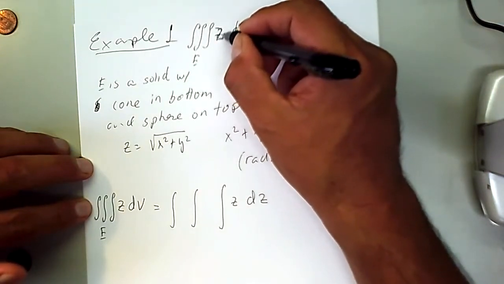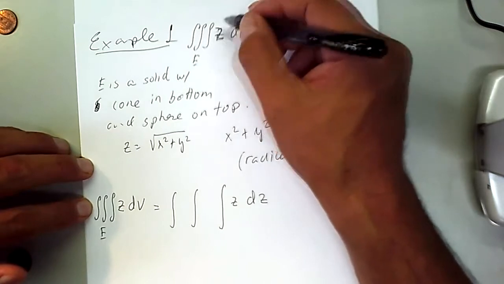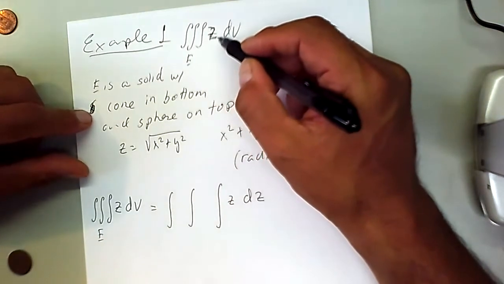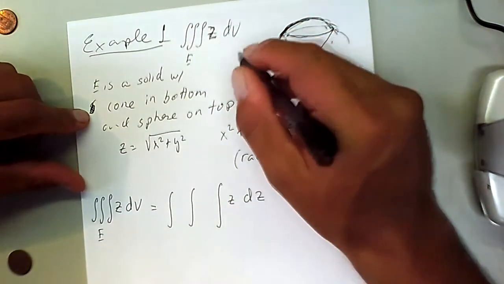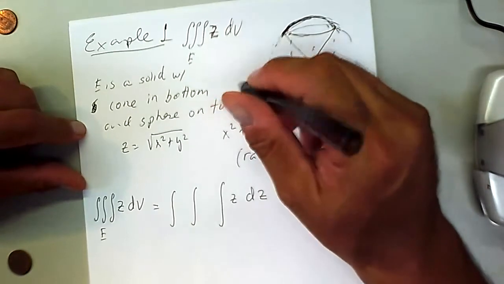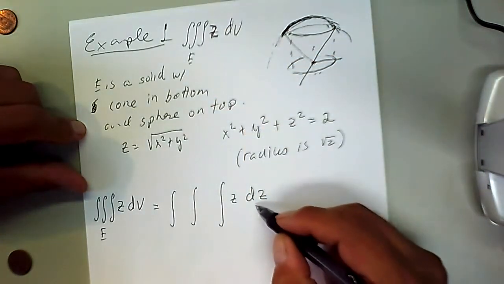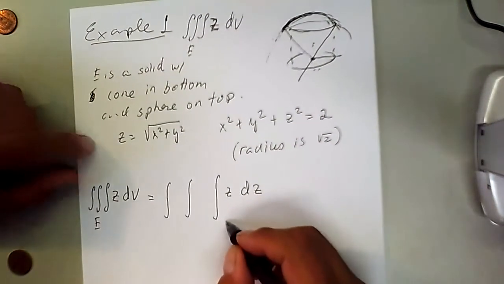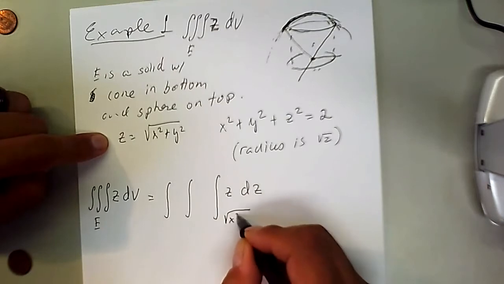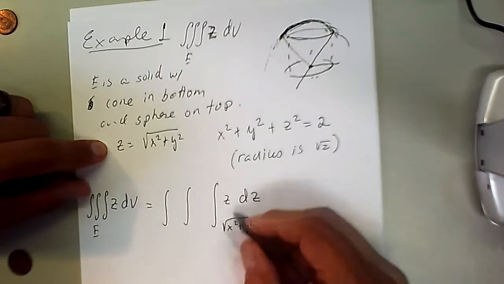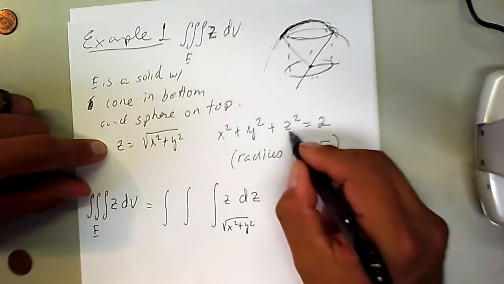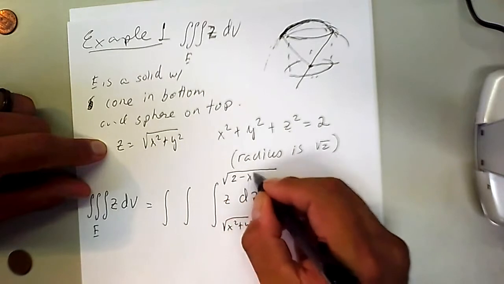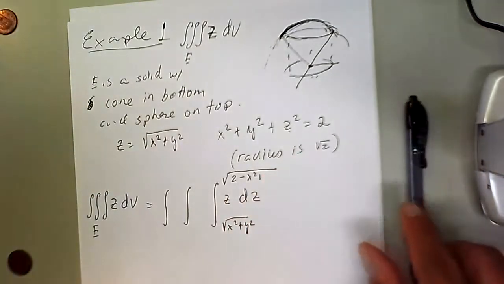That could have been x or y or something else, x plus y or xy. Typically, we put things that are reasonable, and that's reasonable. Otherwise, things get out of control. So z is going to go from the bottom, which is the cone, z equals square root of x squared plus y squared, to the top, which would be z equals square root of 2 minus x squared minus y squared.